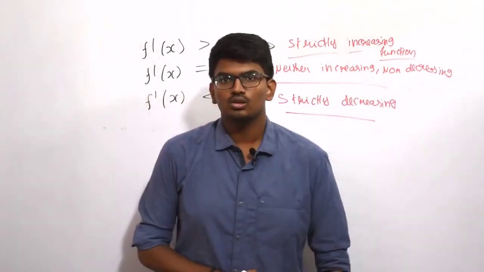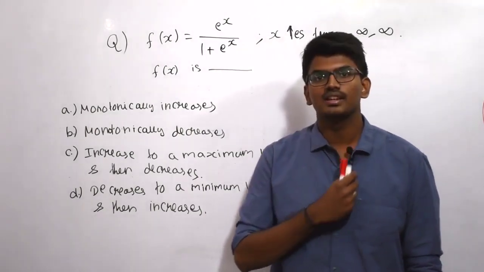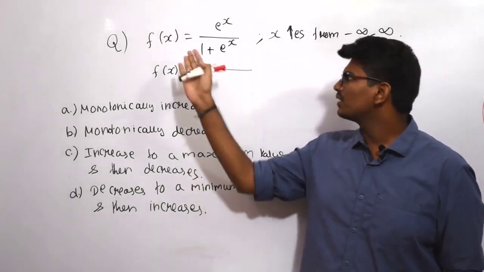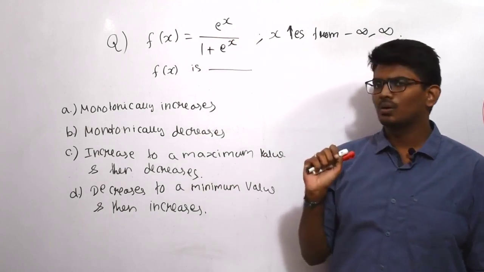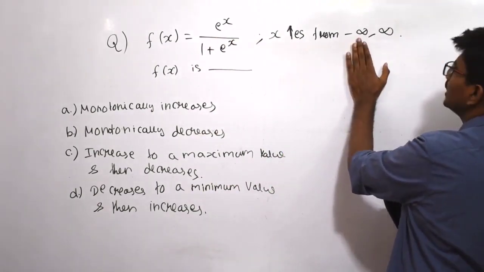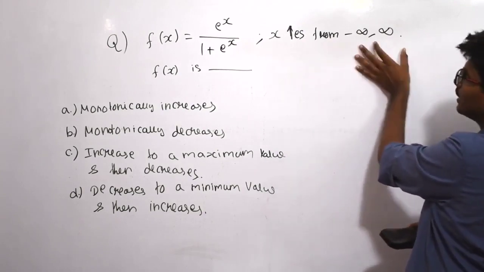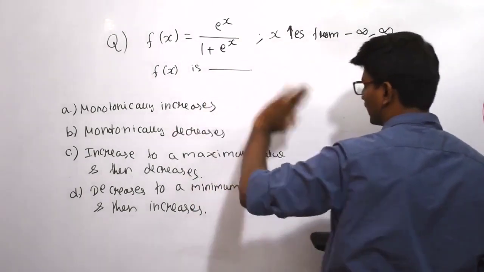We will do one or two problems on this. Then we have a problem here on increasing and decreasing functions. You can see f of x equals e power x by 1 plus e power x, and x increases from minus infinity to infinity. That is what they are giving. If x increases from minus infinity to infinity, then what will my f of x be?